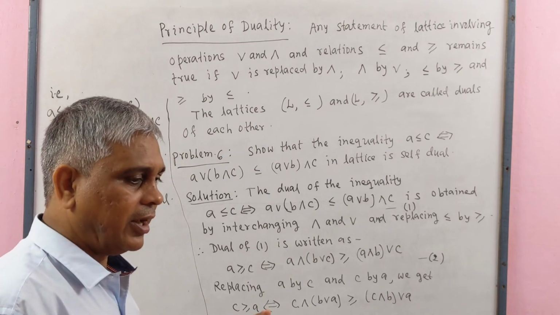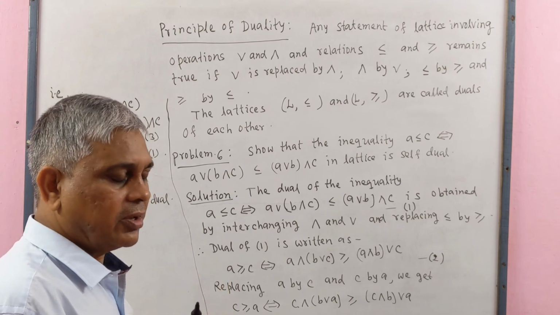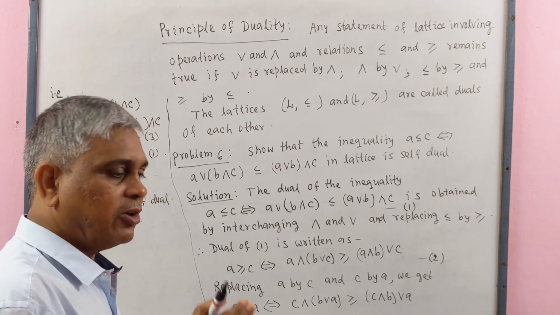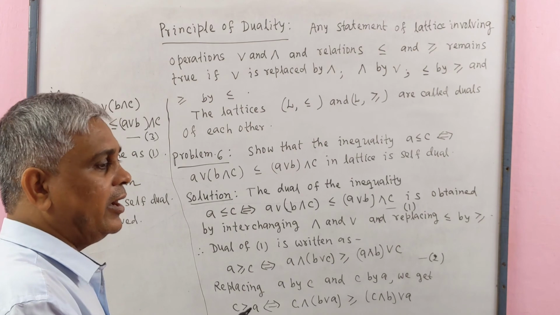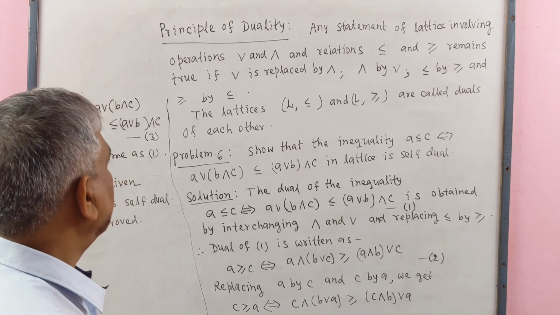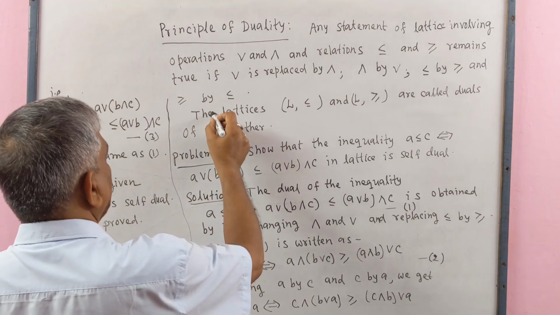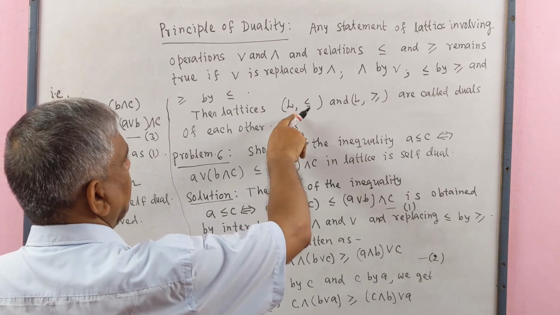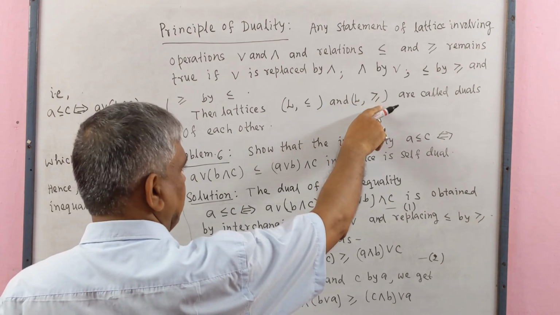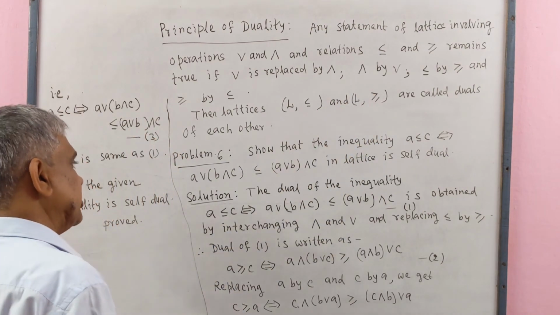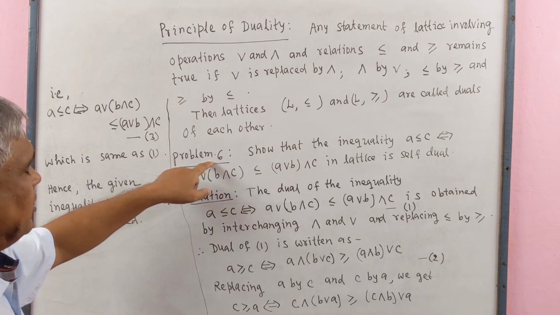Here we speak of greater than or equal to and less than or equal to, but these are a partial order relation and the reverse of it. Then the lattices (L, less than or equal to) and (L, greater than or equal to) are called duals of each other. In problem 6, we shall show the duals.